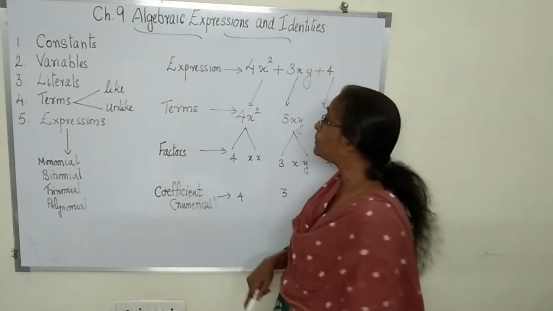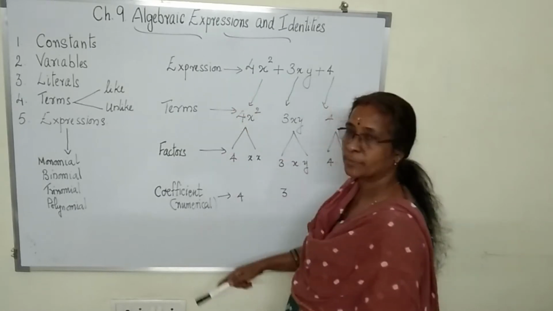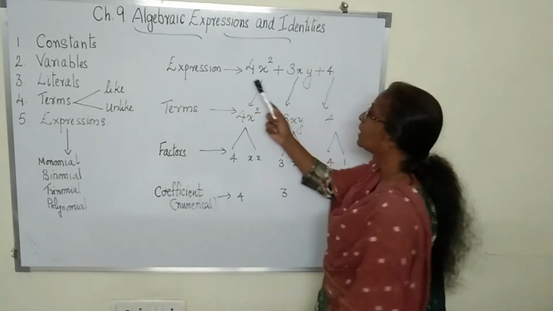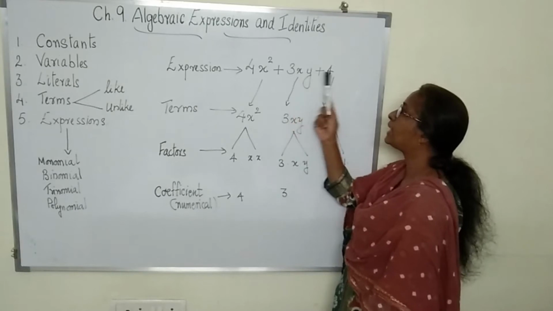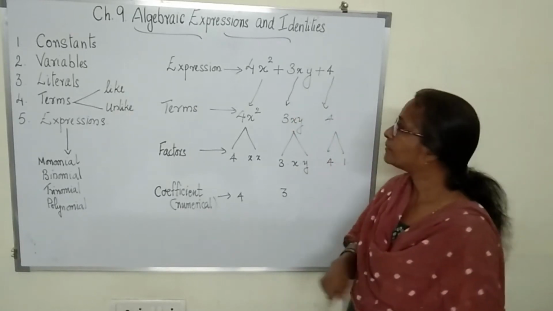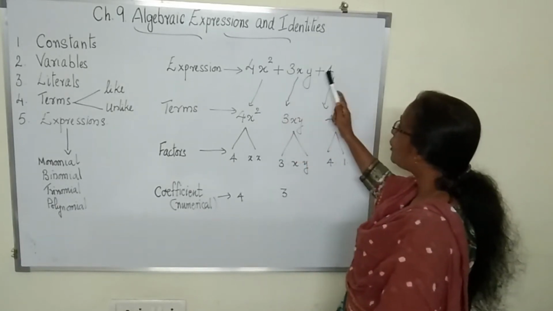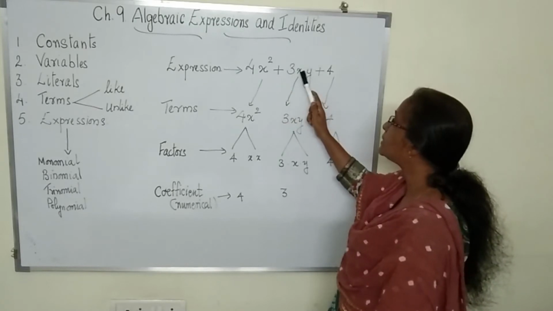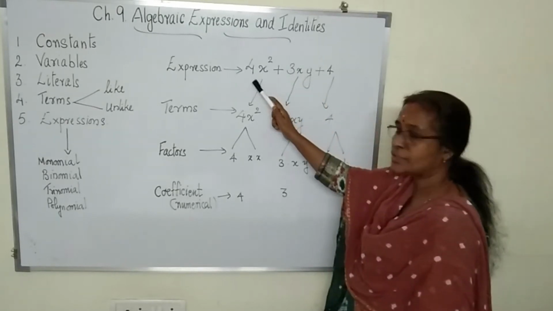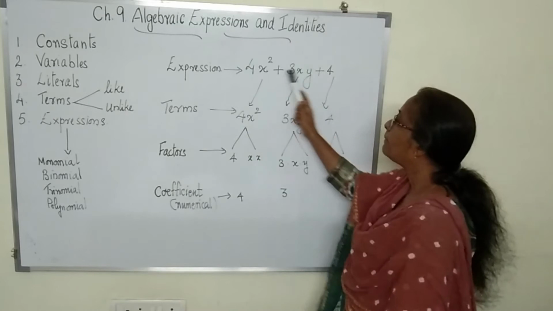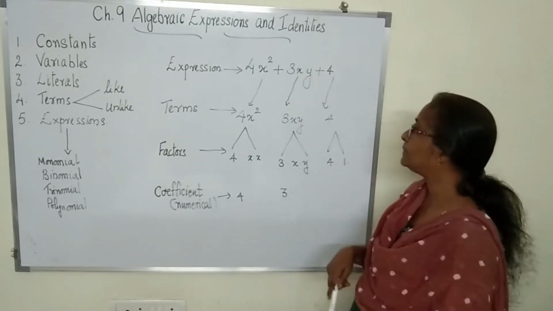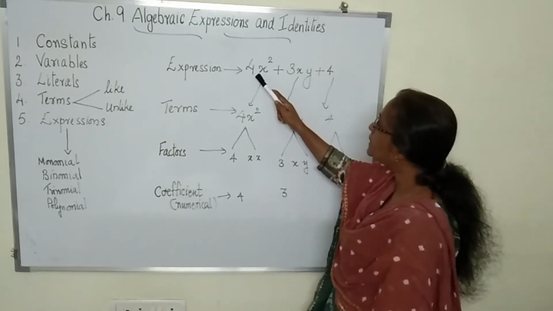Now, when you take an expression, let us see the parts of an expression. If you take an expression here, 4x square plus 3xy plus 4, this is a combination of variables and constants with the help of mathematical symbols. Now here, how many terms are there?